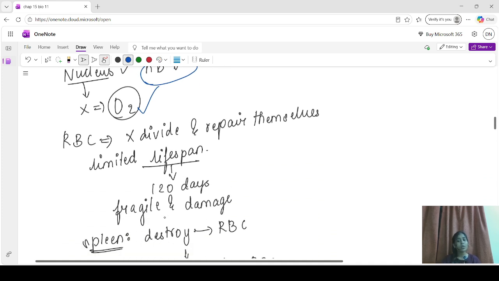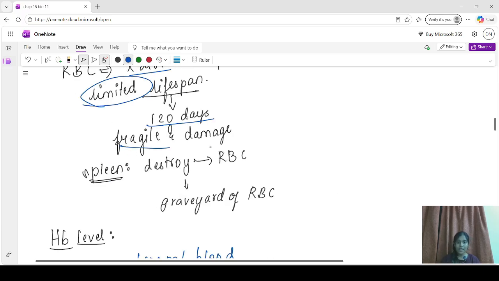However, absence of nucleus also means RBCs cannot divide or repair themselves. Their lifespan is very limited and they can live up to 120 days. RBCs become fragile and damaged after 120 days, and they are mainly destroyed in the spleen. And that is why the spleen is called the graveyard of RBCs.